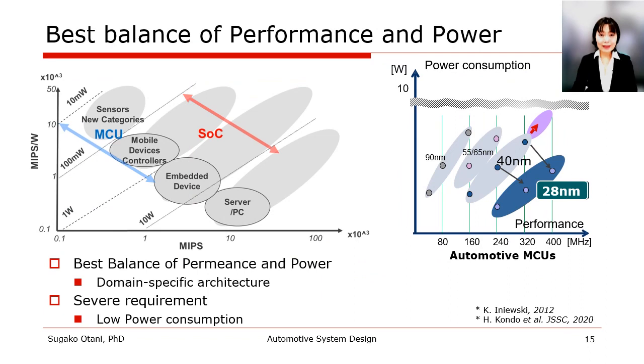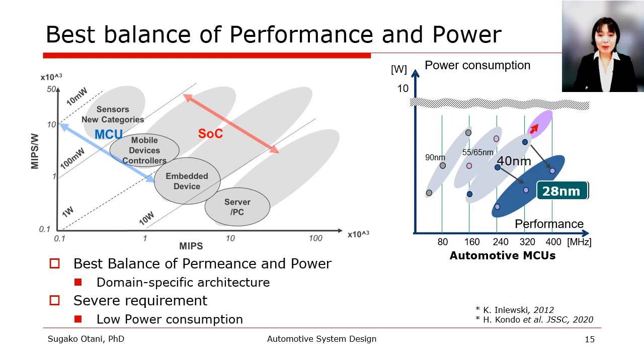Let's have a look at the requirement for semiconductor devices. The left figure shows a rough image of performance, MIPS, and the power efficiency, MIPS per watt, for typical embedded device categories, MCUs and associates. The diagonal dotted line represents power consumption.